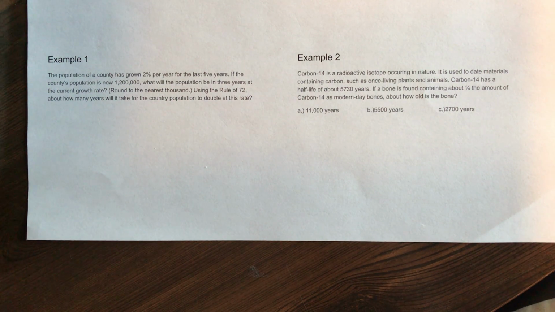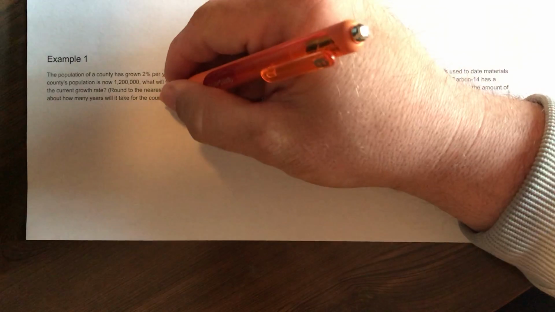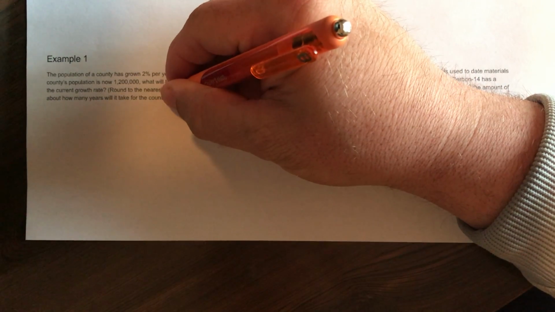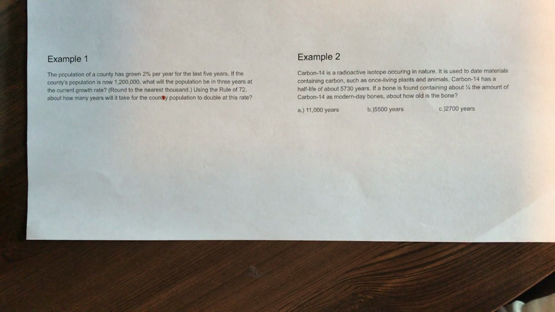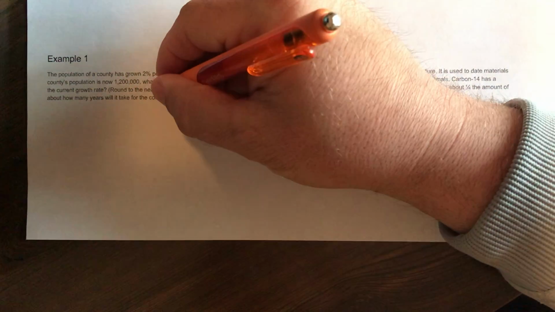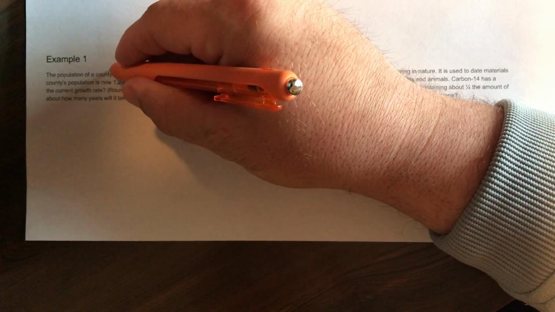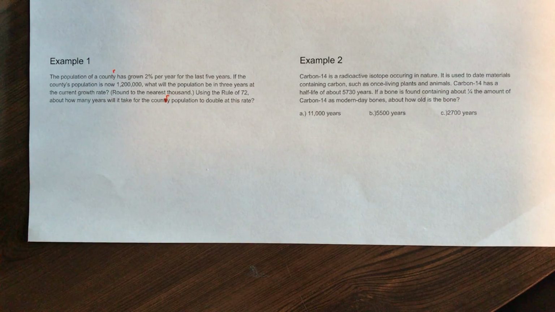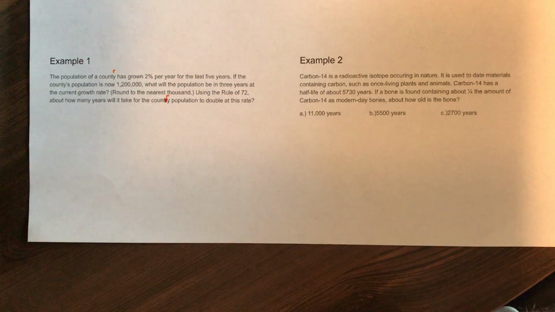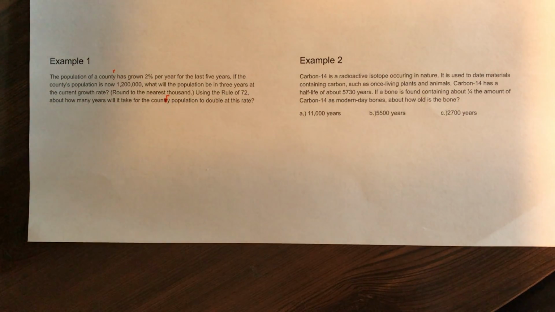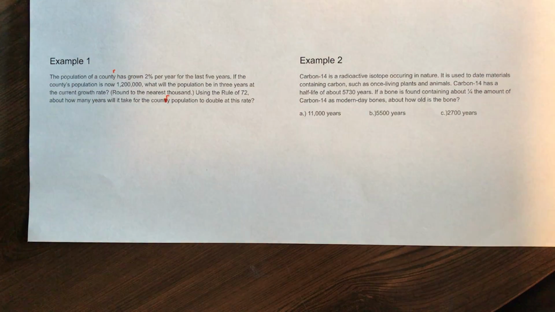I put county earlier, but it probably should be country when you're working with 1.2 million, so we will go with country for that reason. Obviously, we're going up 2% per year.